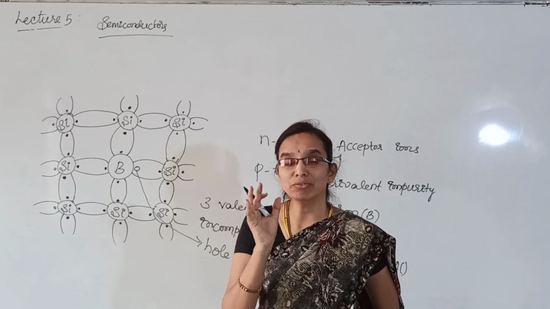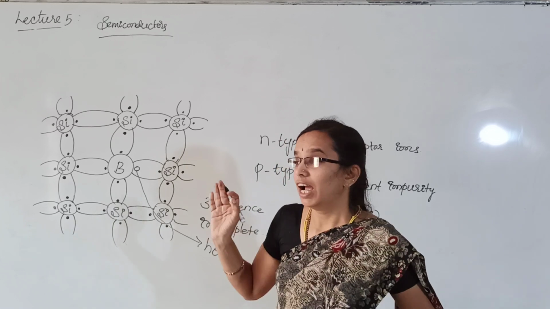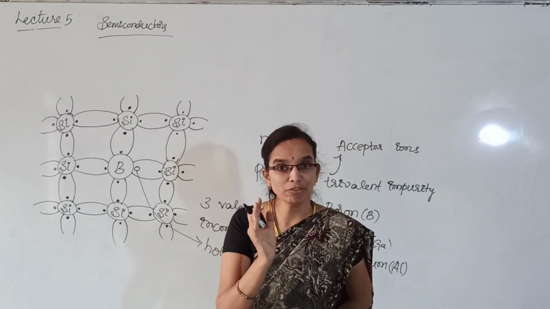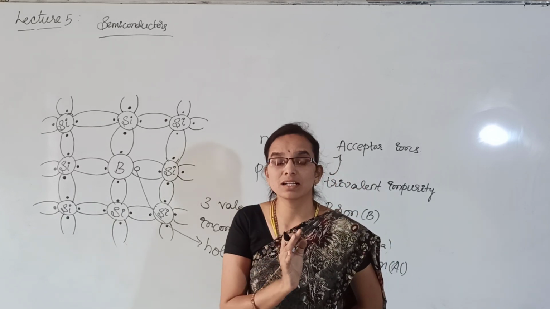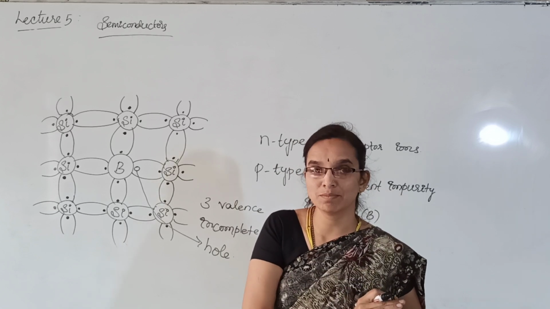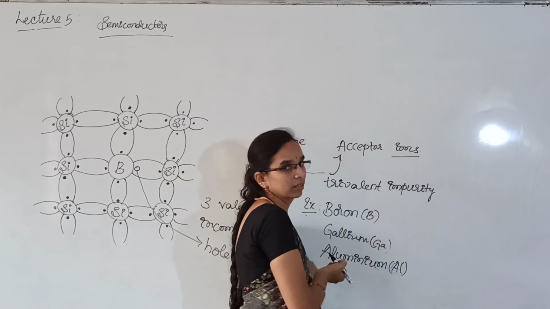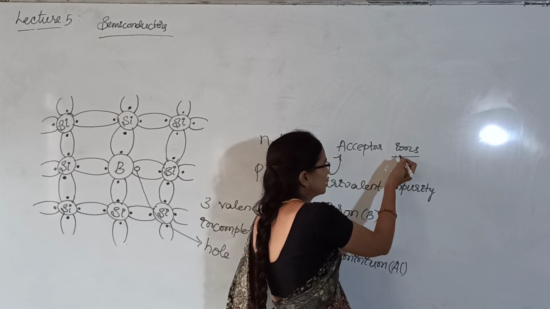There are 5 extra holes created due to the addition of impurity. So these 5 boron atoms form acceptor ions because they are ready to accept the electron from the neighboring atom. So they are called as acceptor ions.